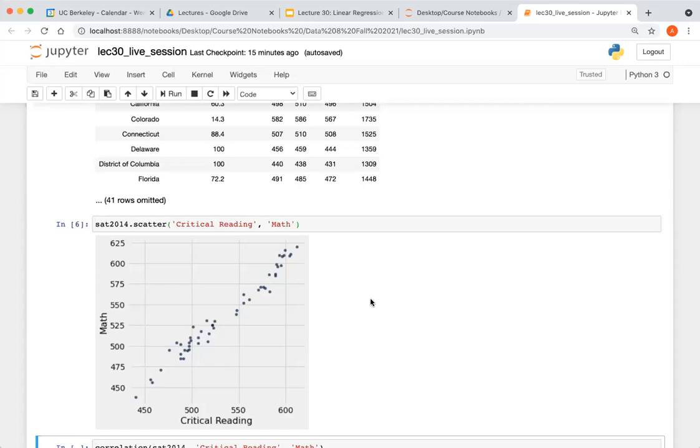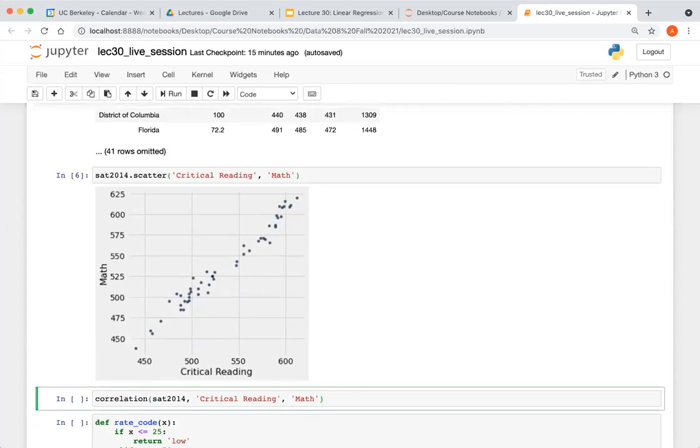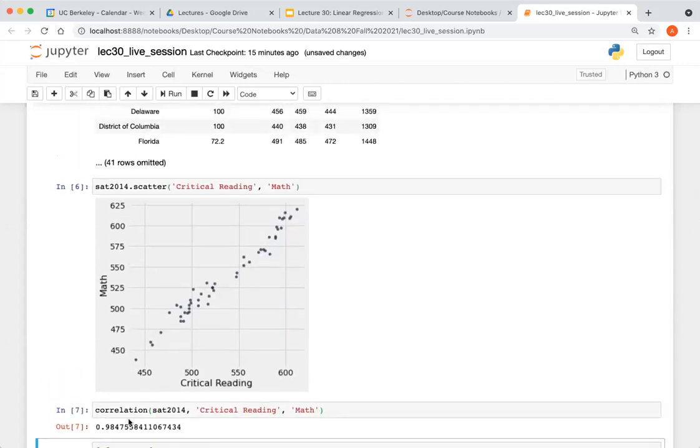No, you would expect that they are positively related, but this is, as I said, ridiculous. What's the correlation on this picture? The correlation is 0.98. Something is the matter here.